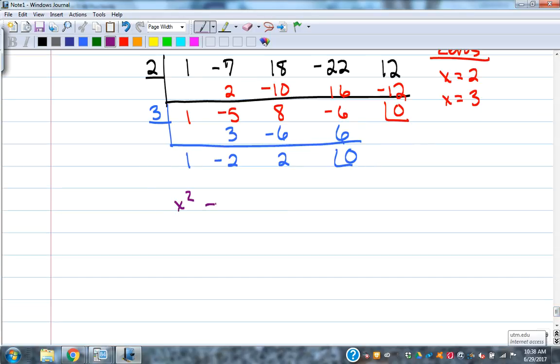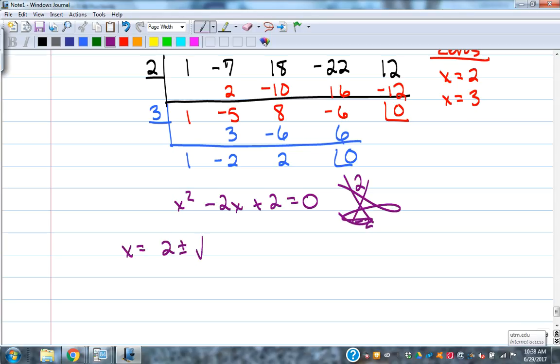I got x squared minus 2x plus 2 is equal to 0. And I've got to try to solve that. Well, if I tried to factor it, there's nothing that multiplies to be 2 and adds to be negative 2. So that's out. Can't do that. So I've got to do quadratic formula here.